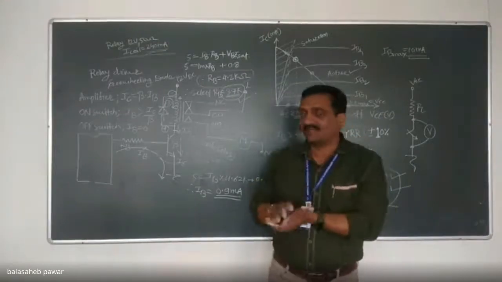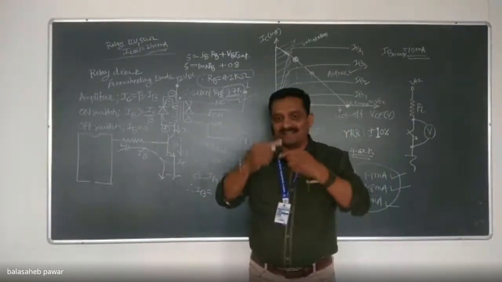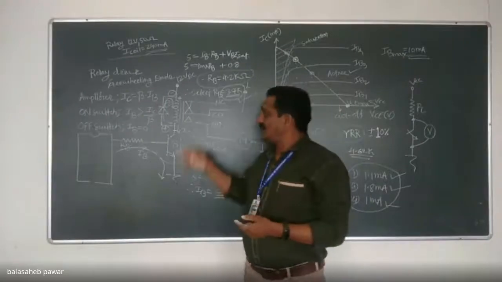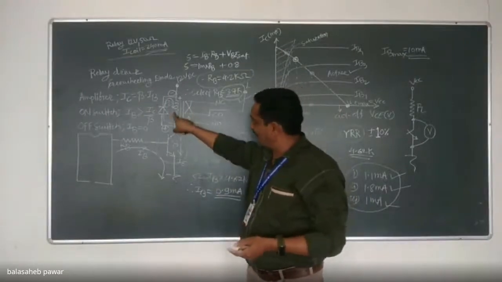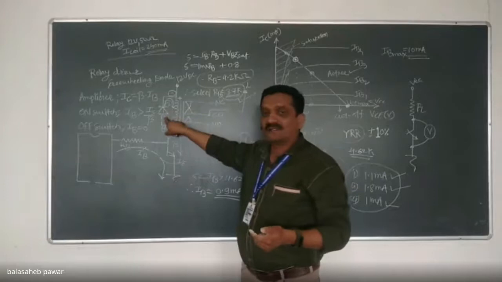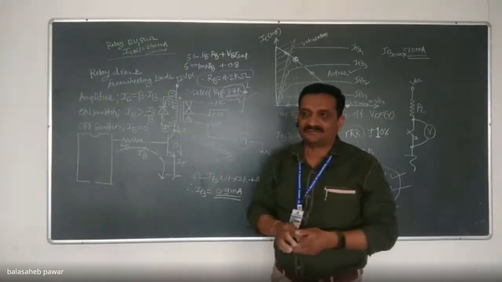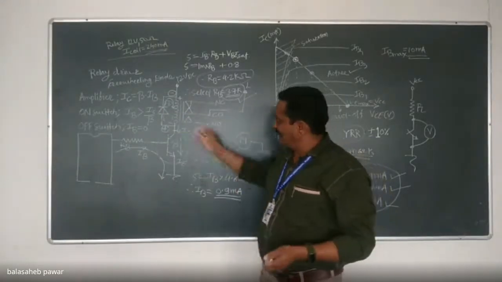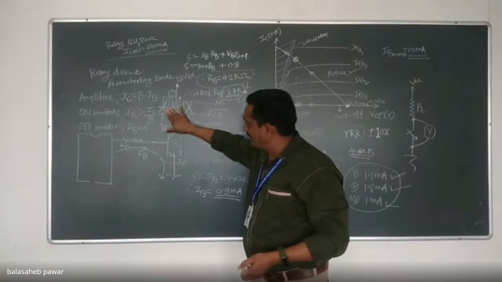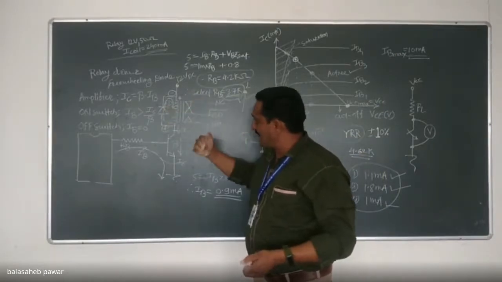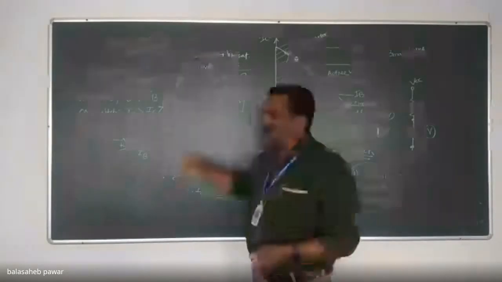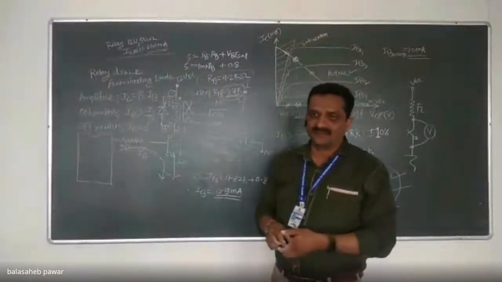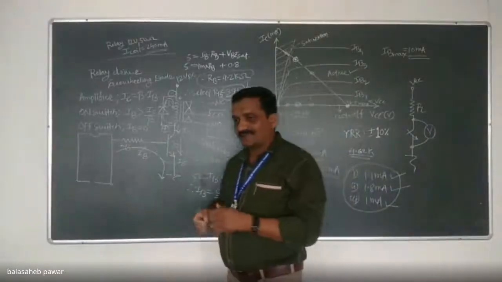After some time, that stored energy gets automatically dissipated within that loop because of the resistance offered by the coil as well as the forward resistance of the diode. As that energy gets dissipated, after some time the collector potential will automatically become almost 0 volts. Is it clear?